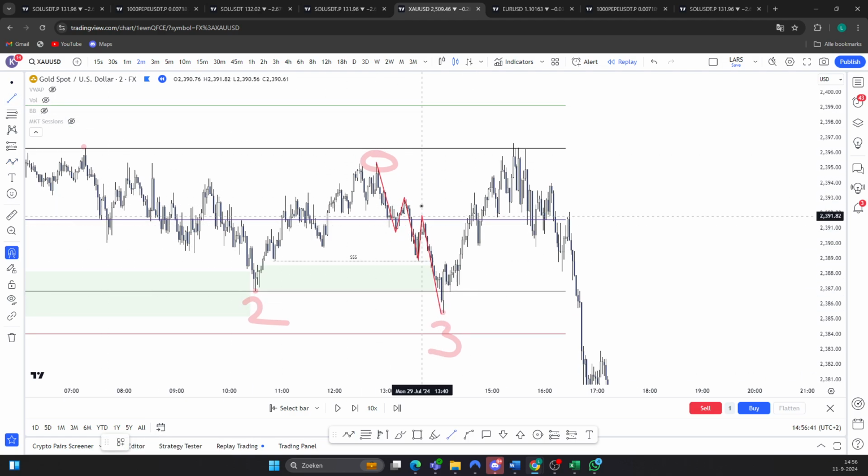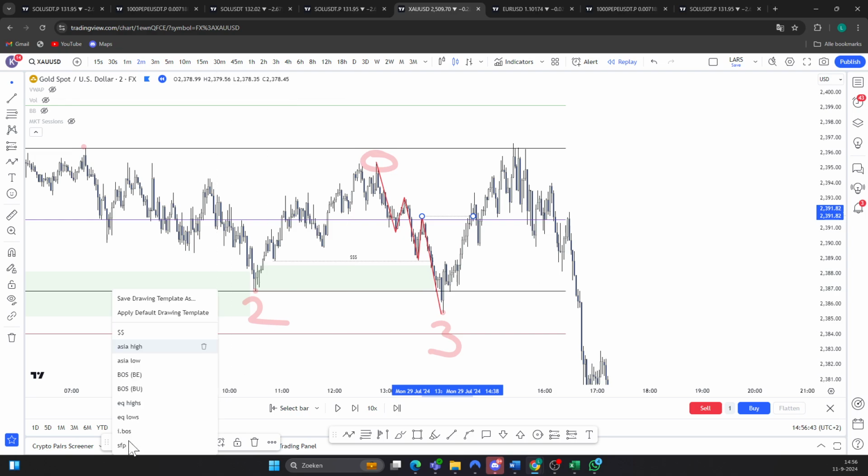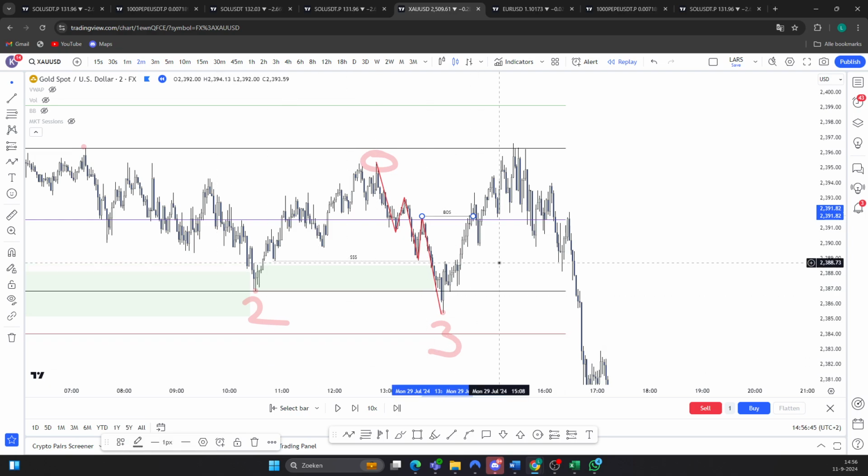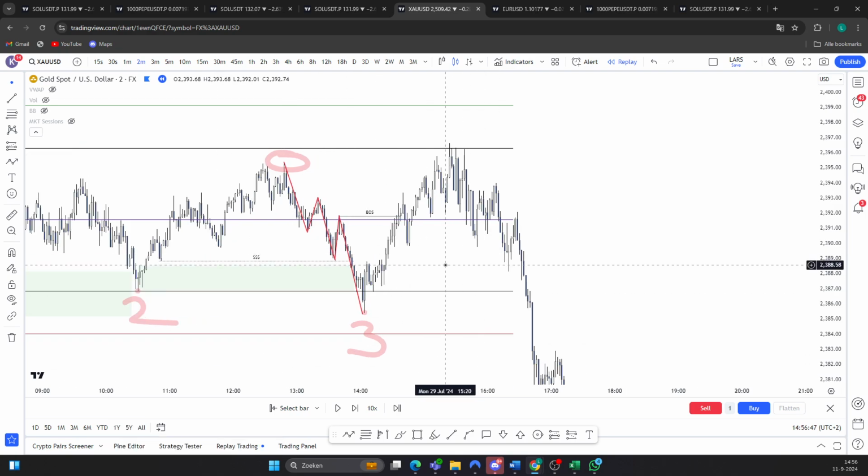Right here, if we break this market structure high, that confirms our schematic. And you can clearly see that we never broke it back to bullish when tapping and mitigating our extreme demand and extreme liquidity. So there was no reason to get trapped into potentially longing a Model 2.